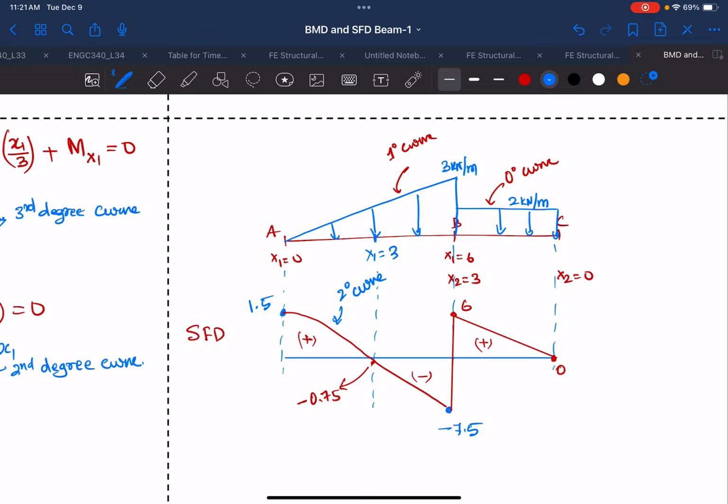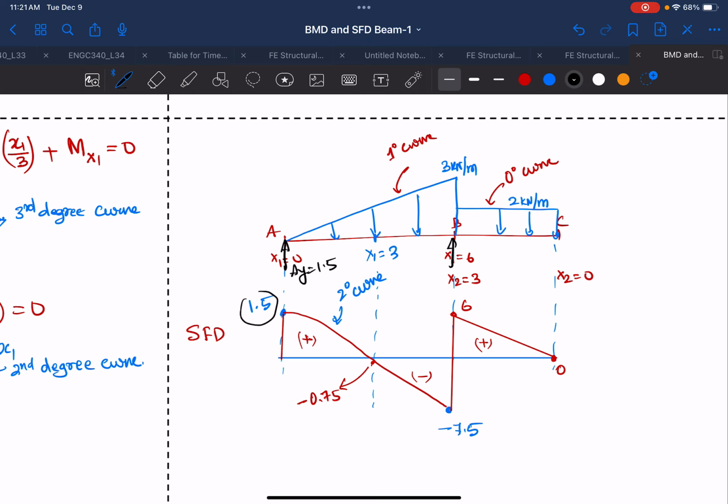You see that this shear force is 1.5. What is our AY? Our AY is also 1.5. So that verifies your calculation.